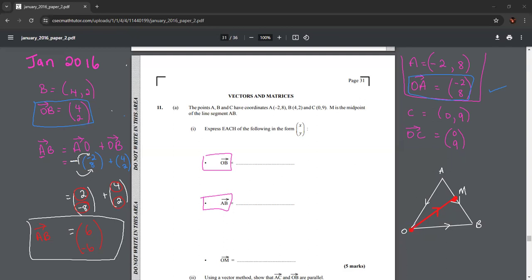I'm going to go from O to A, so I'm going this way, O to A. So OM is going to be the same as going from O to A, and then from A to M. If I want to find a particular vector, I could go a longer way around. Now I know what OA is. Remember, OA is negative 2, 8. And AM, we could find out what AM is. Isn't AM half of AB?